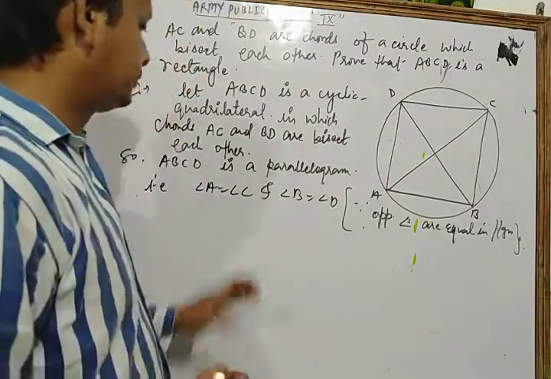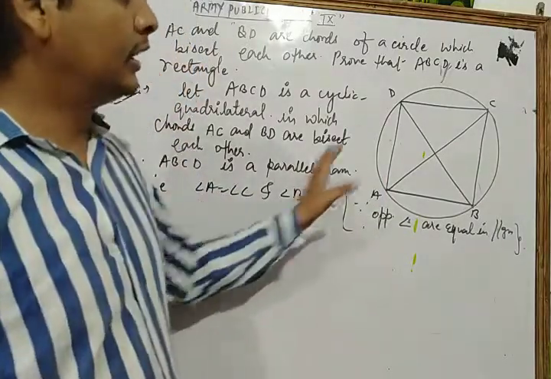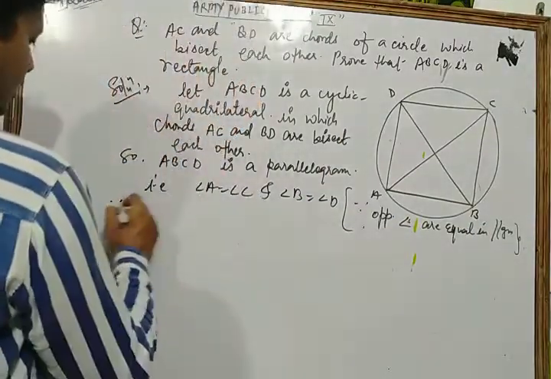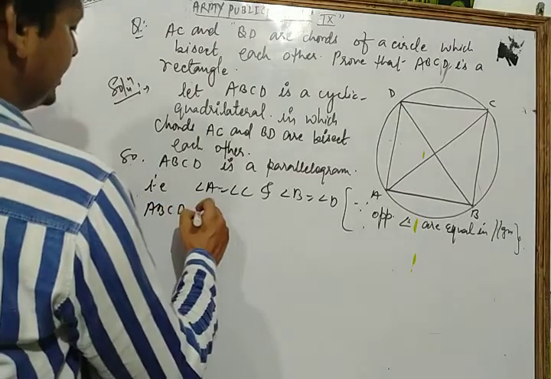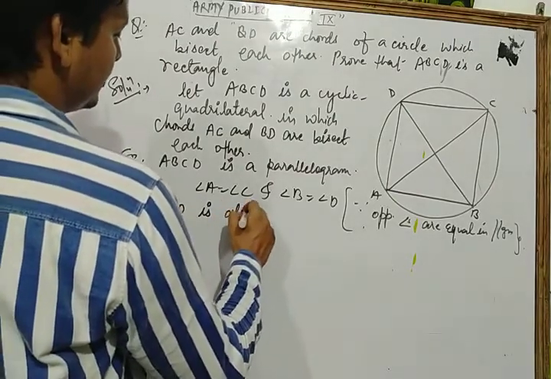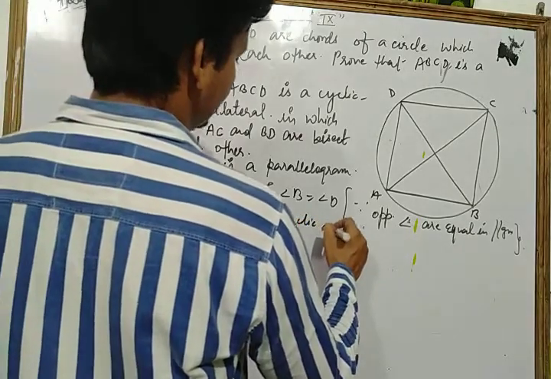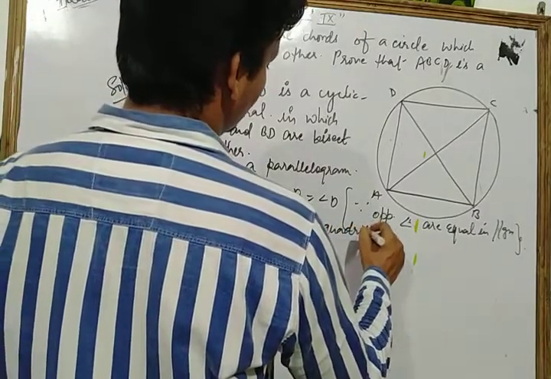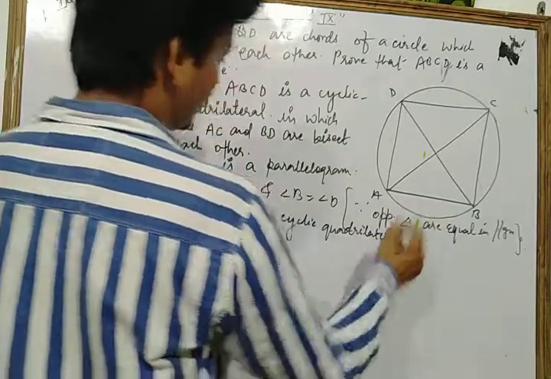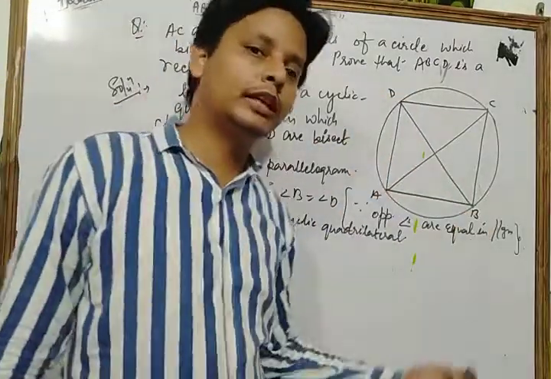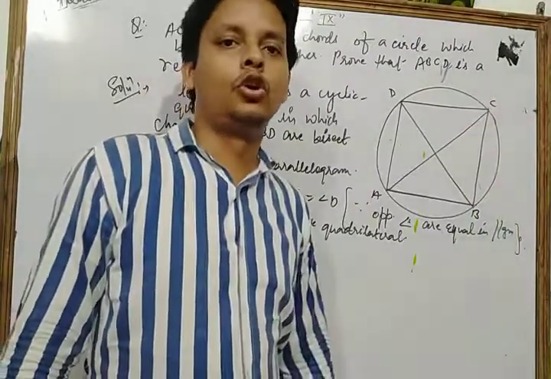Now, dear students, ABCD is also a cyclic quadrilateral. Since ABCD is a cyclic quadrilateral, we know that the sum of opposite angles is what? 180 degrees.